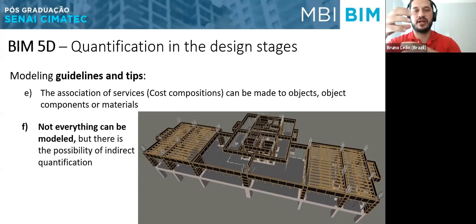So if I have a column in my BIM model, I will associate my cost composition with my element, my object. But we can also link it with components or materials. Again, it depends on who is developing the model and the main points that are brought in the BIM mandate and the BEP of the project.